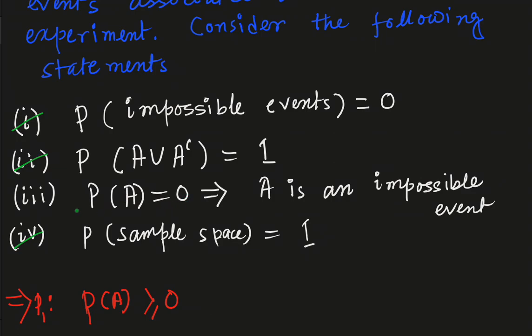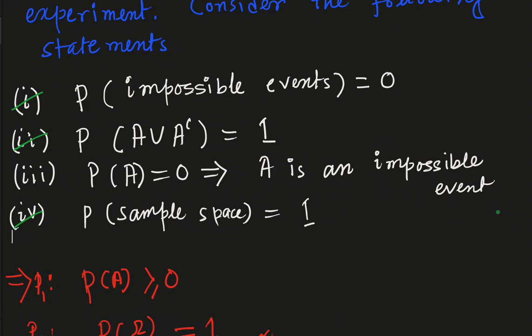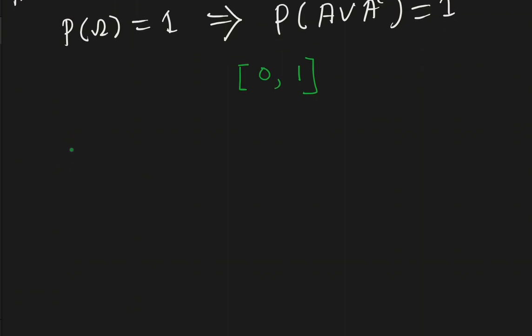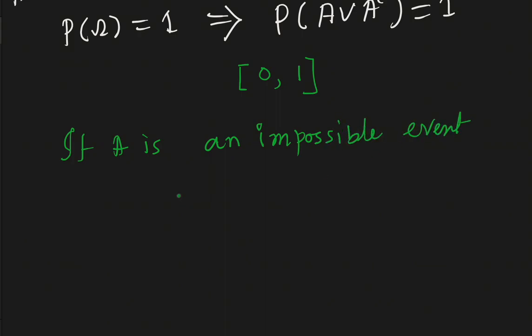That statement is actually true: the probability of an event is 0 if A is an impossible event, because if there is no chance for that event to occur, the probability of A is 0.